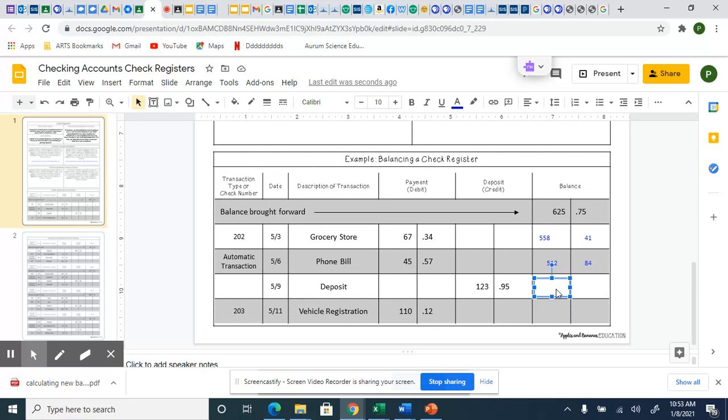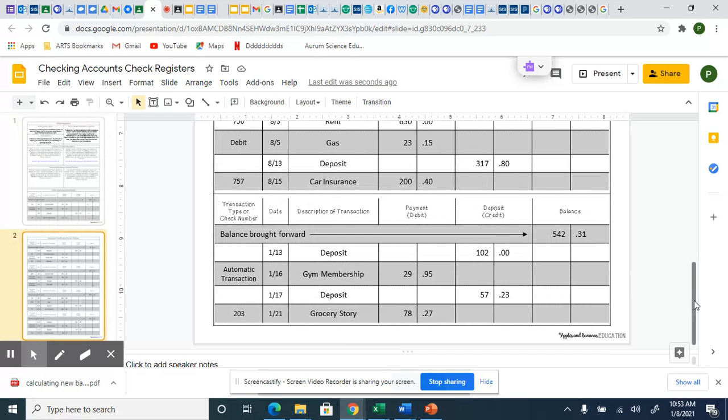So now we're up to 636.79. And our last one is minus 1110.12. All right, so this first sheet is done.